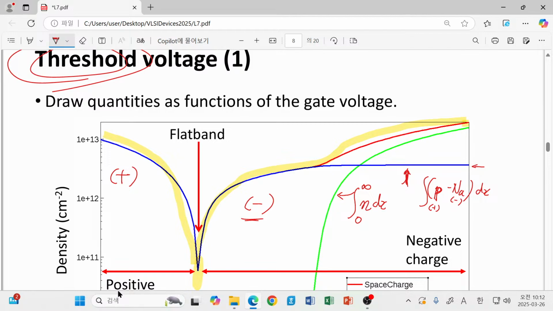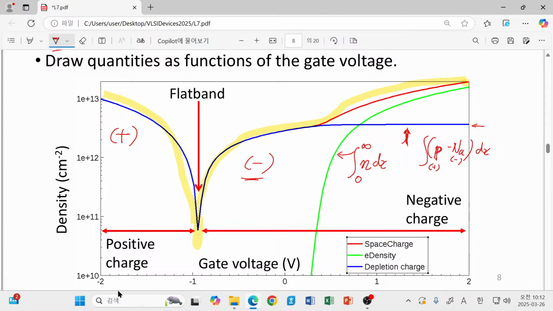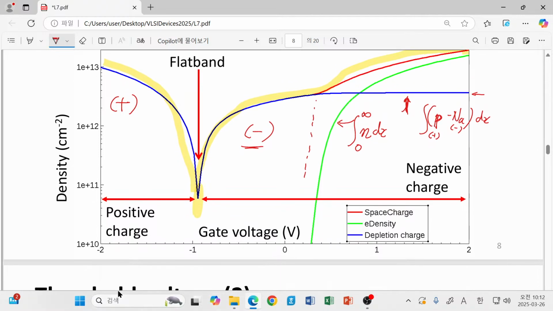So now what we can expect is, for example, if our gate voltage, sorry about that, this is not surface potential, but it is drawn as a function of a gate voltage. And if we have a gate voltage below this point, then almost there is no contribution from electron density.